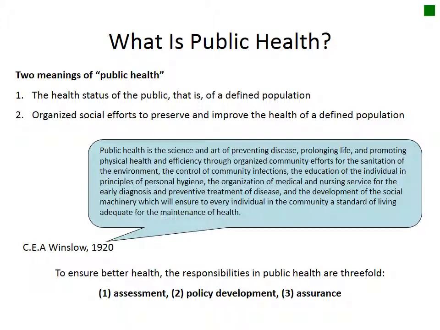We start out by answering the question, what is the meaning of public health? So one meaning is that public health is the health status of the public. What is the overall health? And there are obviously physiological metrics. There are surveys that can be taken to assess quality of life.